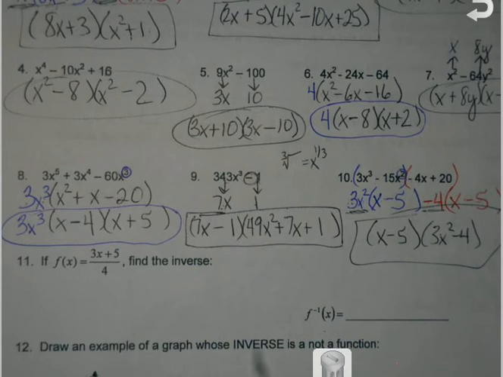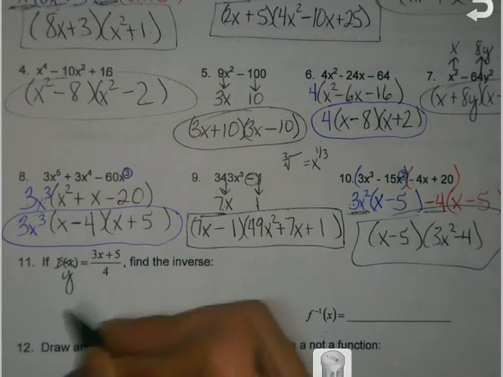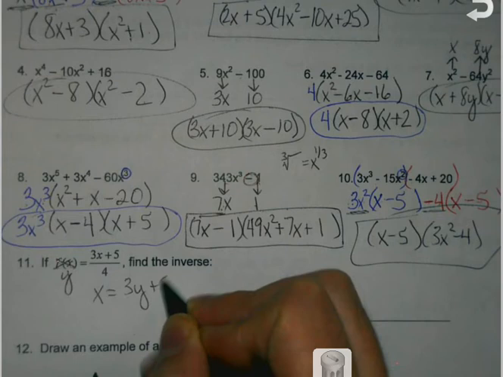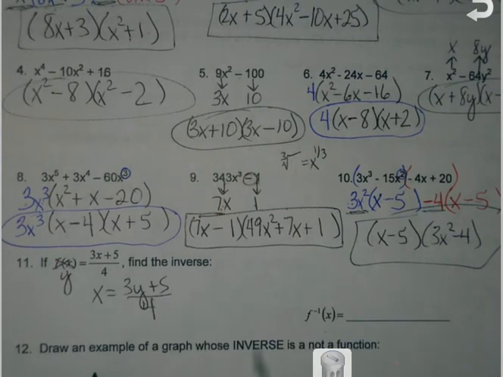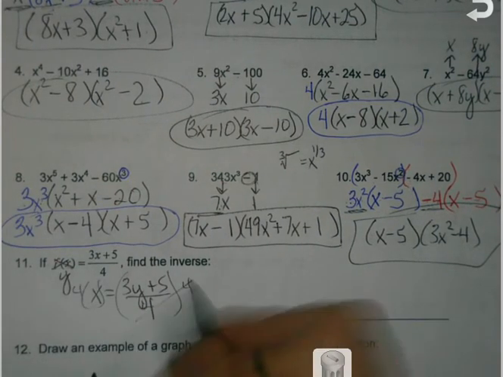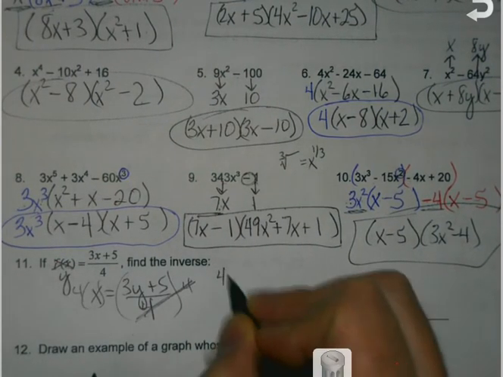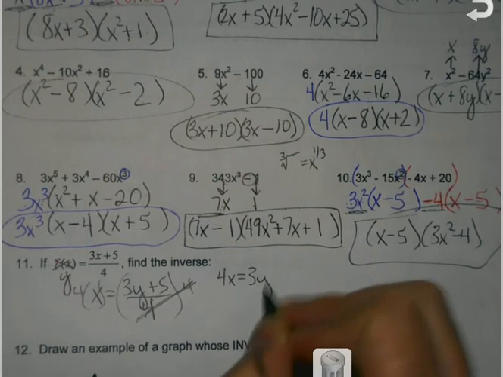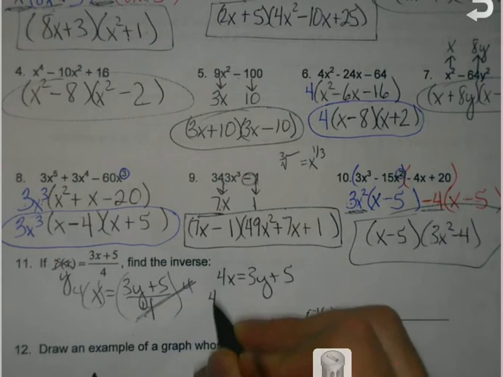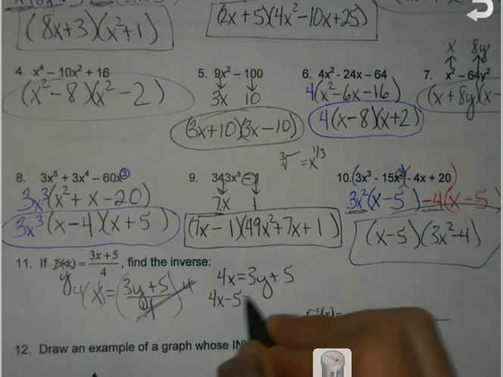Okay, find the inverse. Again, switch x and y, and we're going to be solving for y. So again, smart thing to do, go ahead, get that fraction out of there. Don't divide first, get the 5 out of there first, so subtract it over.